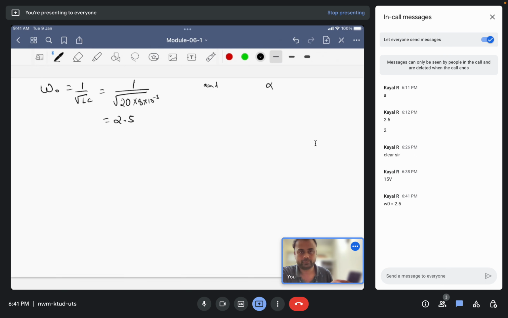Omega naught is 2.5. And what will be the alpha? Alpha is given by 1 by twice RC. So 1 upon 2 into the resistor R, that is 10, and C, that is 8 millifarads, 8 into 10 to the power minus 3. So this is 6.25. Let me just check. 2 multiplied by 10 by 8 to the power minus 3, that is 6.25.